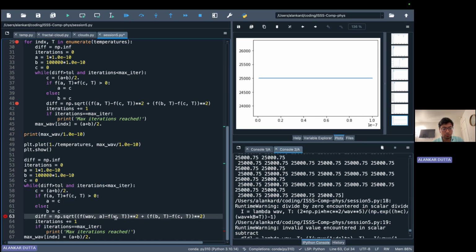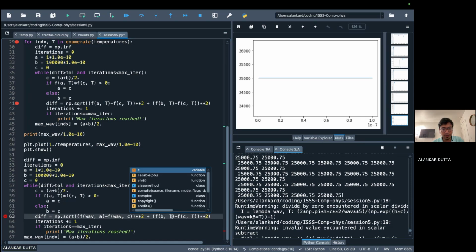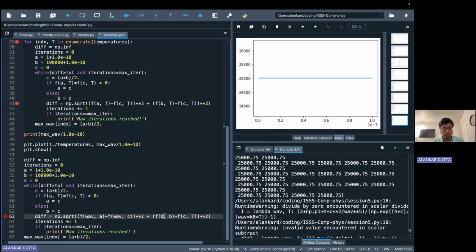And this is going to be WAV, C, B, and WAV, C and WAV, right? So now this fixes the wavelength, and we want to find out the temperature.